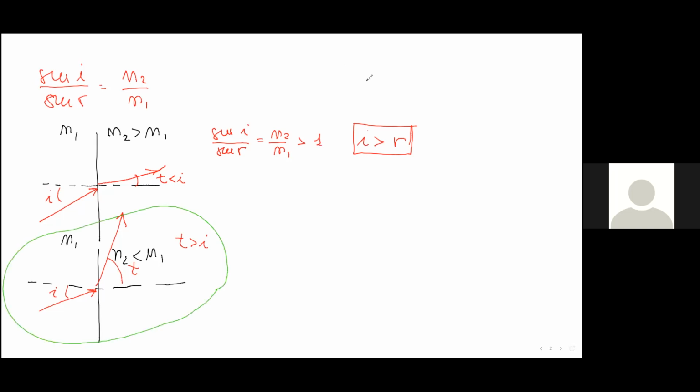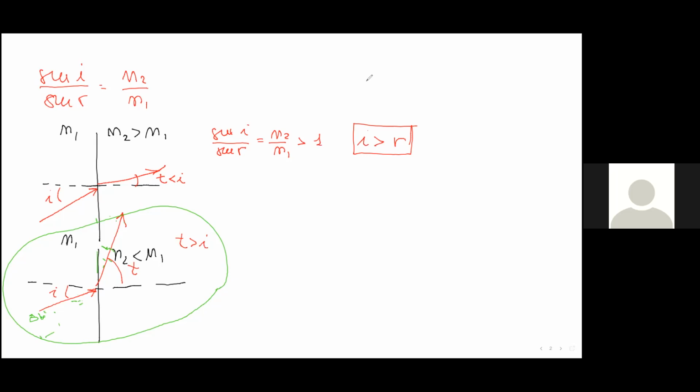This case here is particular because what happens if you take a light beam and you slightly increase the angle i? The angle t will be increased. You increase still more the angle i, this angle will be increased, and you will reach a condition of the incident angle such that the refraction angle t will be pi over 2.